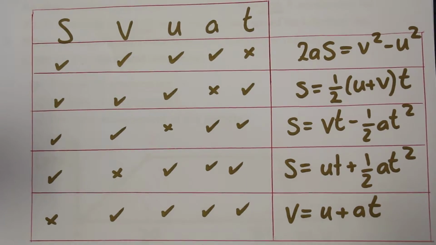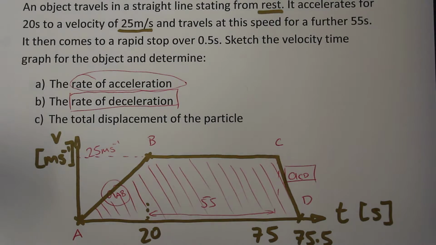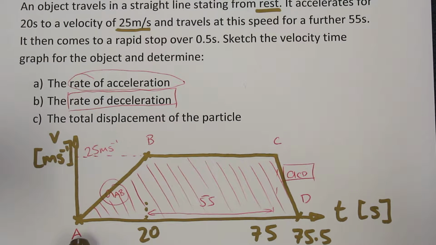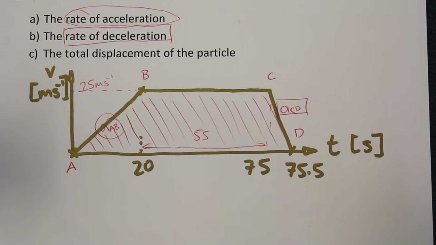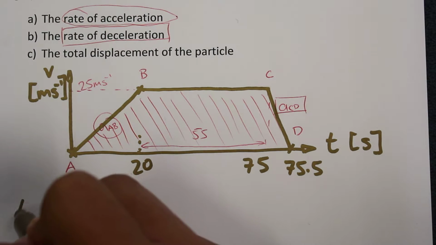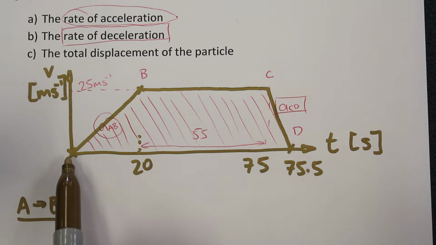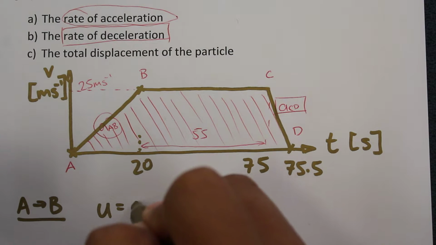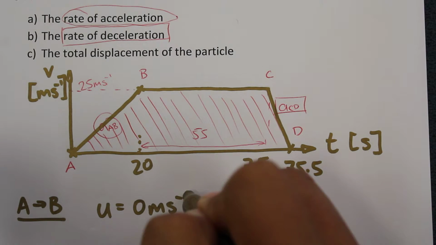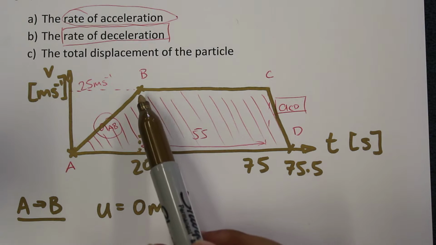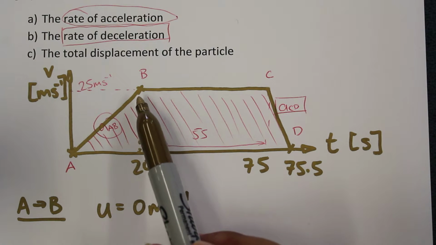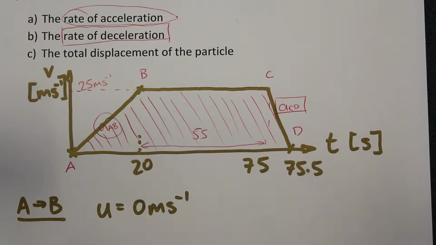So it is useful for us to list down what we know about the situation going from point A to point B. Alright, so what do we know? For point A to point B, we know the initial velocity is equal to 0 meters per second. We know that the final velocity is equal to 25 meters per second.